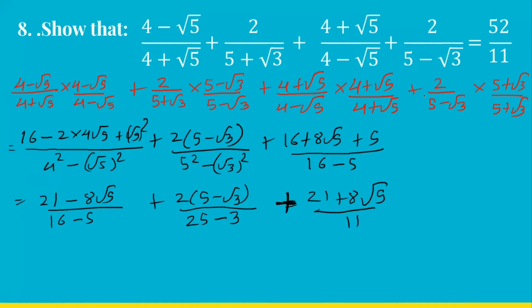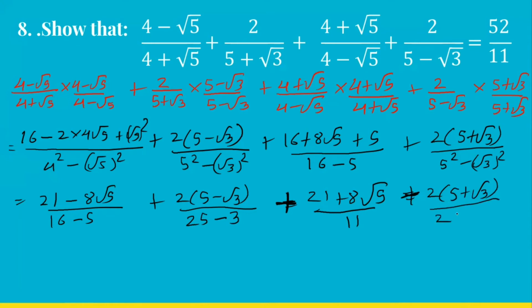When I simplify this part, I'm getting plus 2 in bracket 5 plus root 3 upon 5 square minus root 3 square, which we get as plus again here 2 in bracket 5 plus root 3 upon 25 minus 3, which is going to be 22.